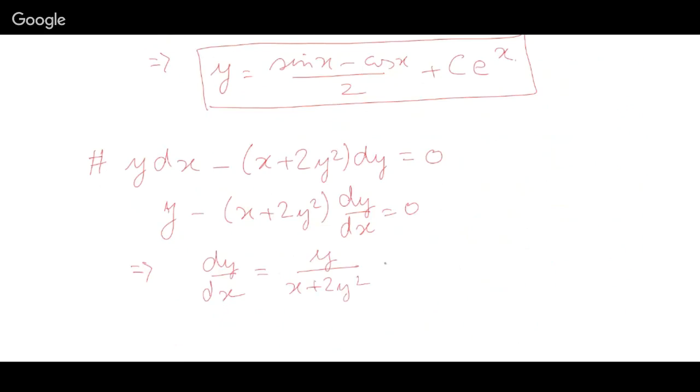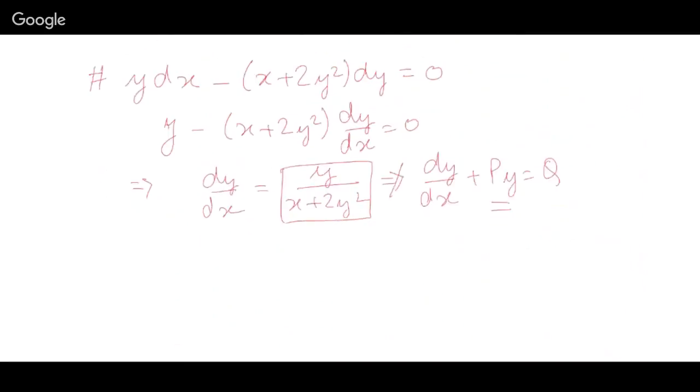Now this particular differential equation cannot be written in this form, that is dy by dx plus py is equal to q, as we cannot separate P and Q from this particular expression.